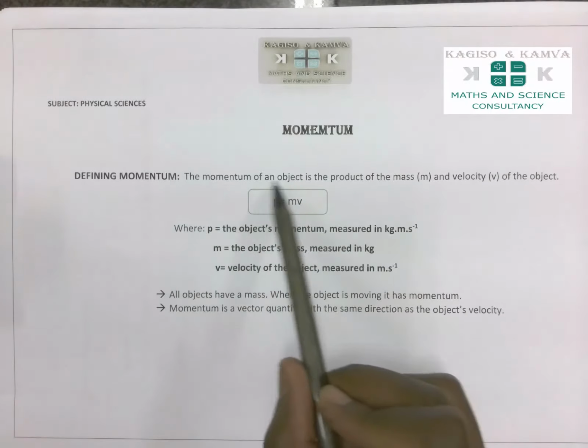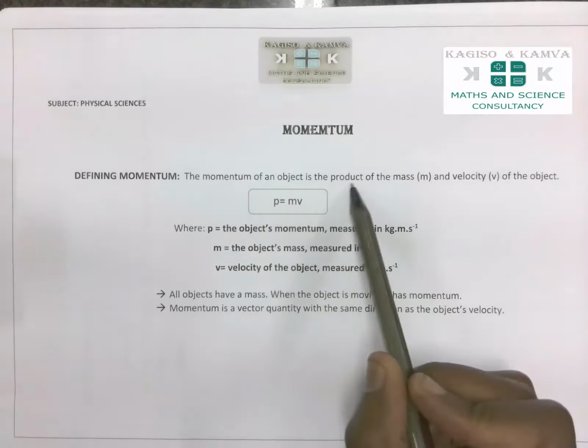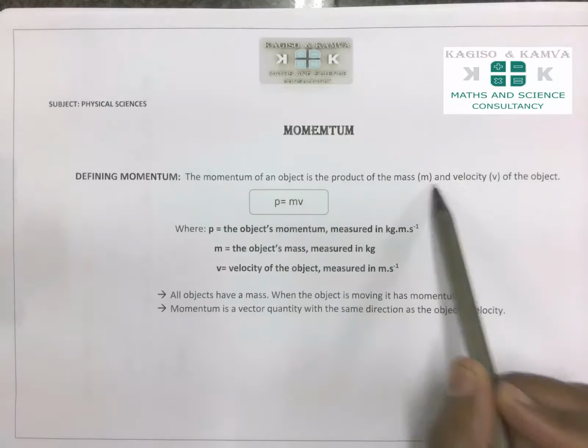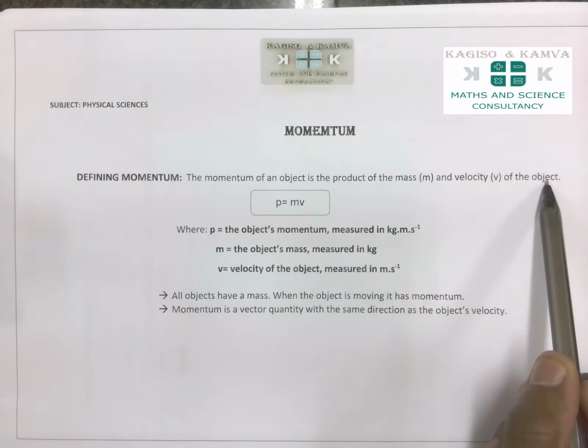The momentum of an object is the product of the mass and the velocity of the object.